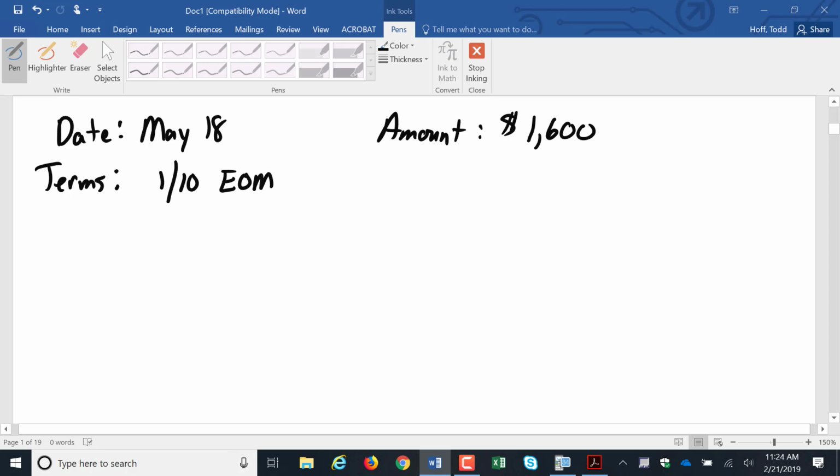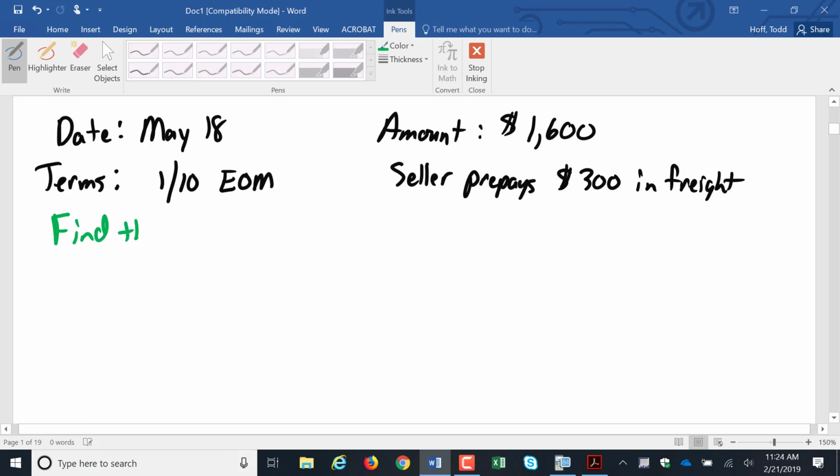So it's implying net 30 with that discount in the first 10 days. Seller prepays $300 in freight. Find the amount paid on June 8th.